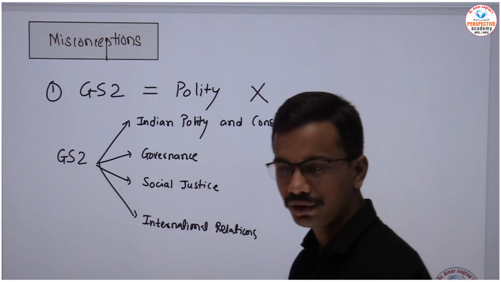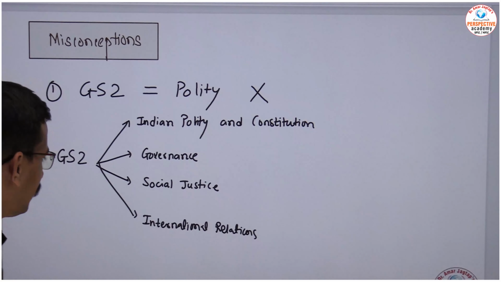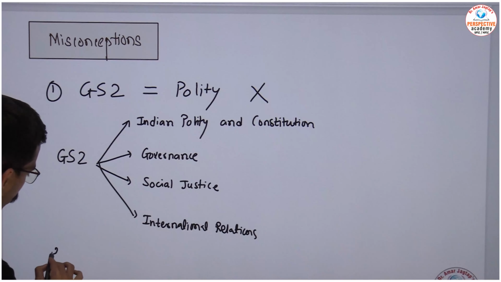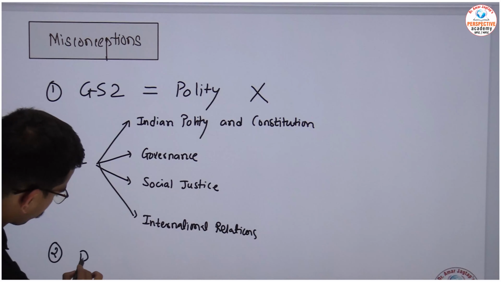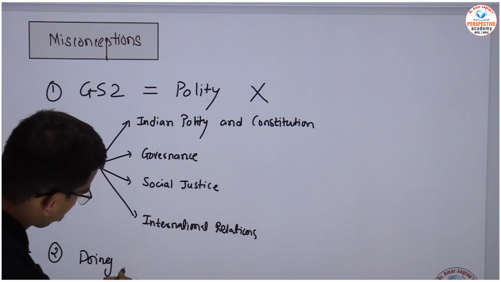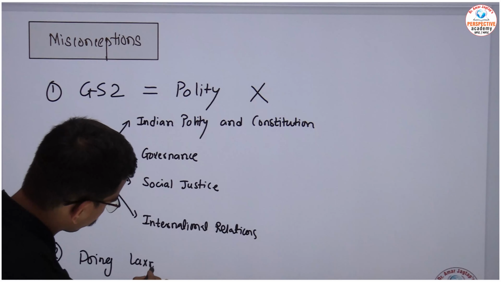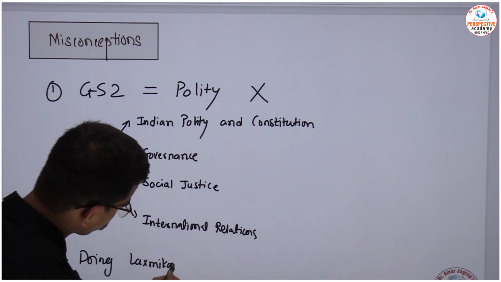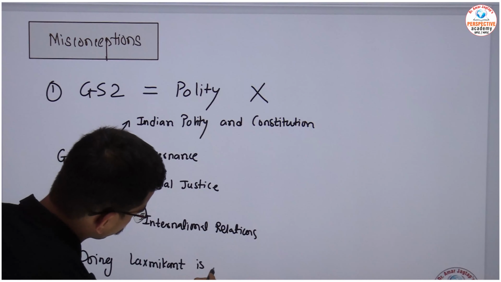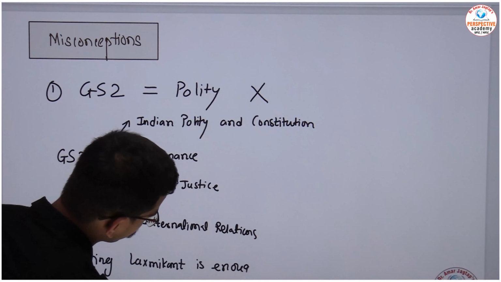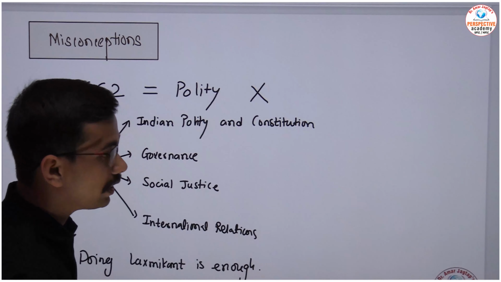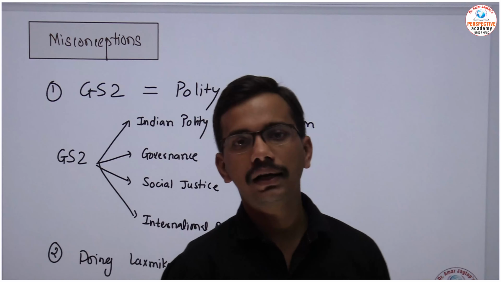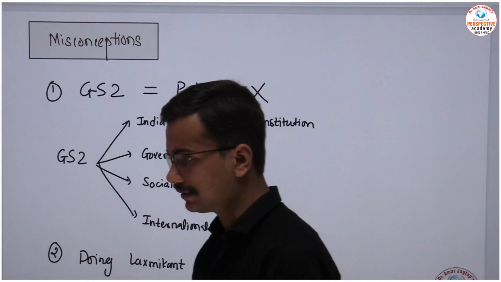And the second misconception, which I already taught, but let's discuss it again, is that doing Lakshmikant is enough for polity. Doing Lakshmikant was enough until it was an objective pattern examination.